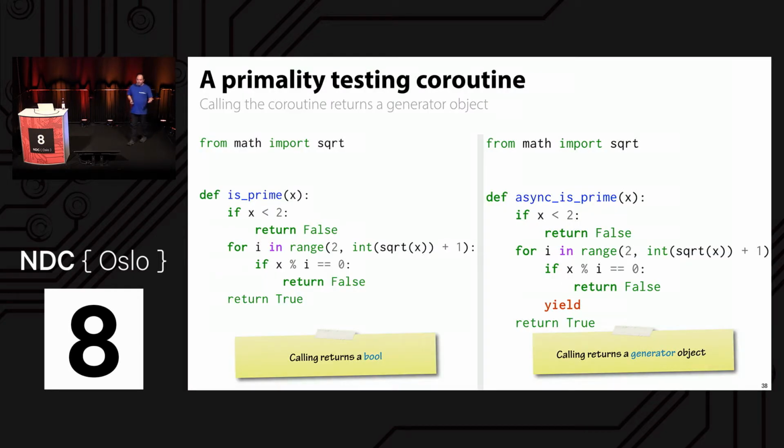So we have our print matches coroutine calling a regular function. We need to make that regular function itself into a coroutine. So we take our isPrime function, and we know how to make these into coroutines now. We just stick a yield in there. So we put a yield in the loop there. Now async isPrime is a generator.